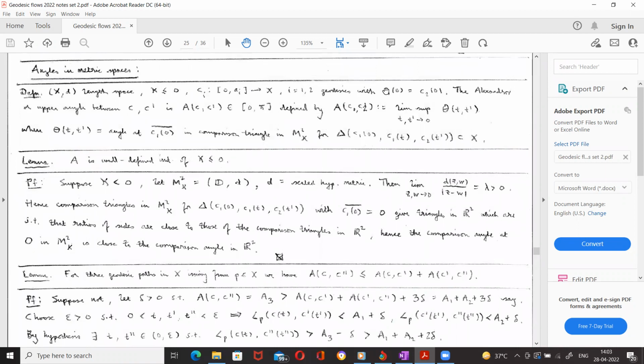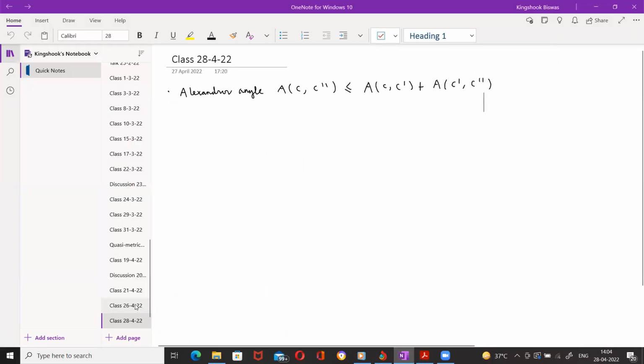What you do is you take two geodesics and look at the points on them, C1(t), C2(t'), for t' tending to 0, and look at the comparison triangle in R2 formed by those two points and the common vertex, and take the angle there, and then take the lim sup of the angle as t' tends to 0. So let me just show you the picture.